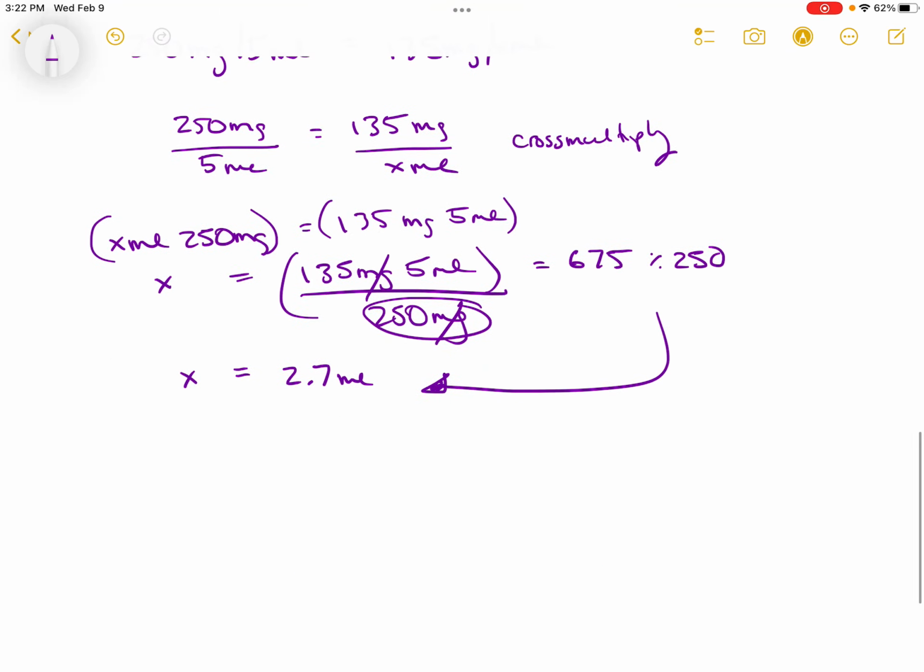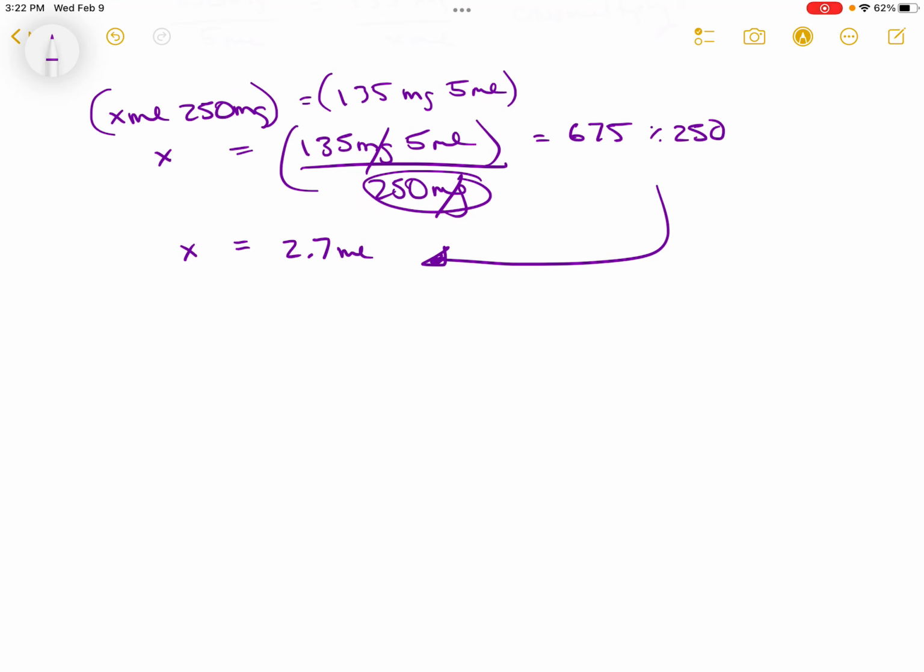All right, so let's do another one. We're going to do 15 milligrams and 1.3 mLs equals 22 milligrams and X mLs.